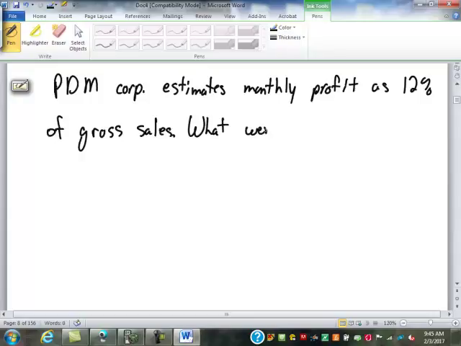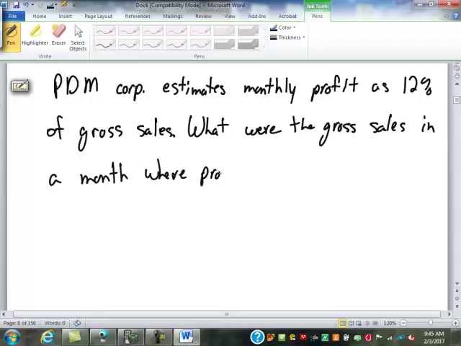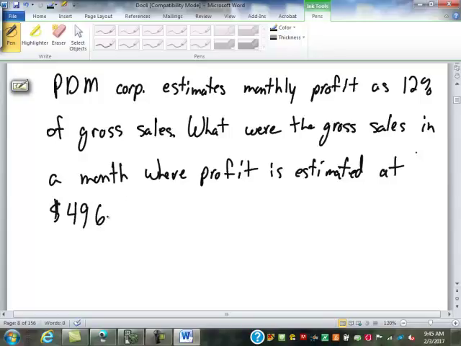What were the gross sales in a month where profit is estimated at $49,680?